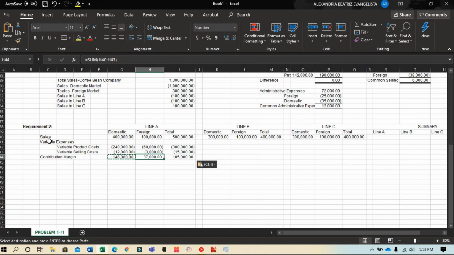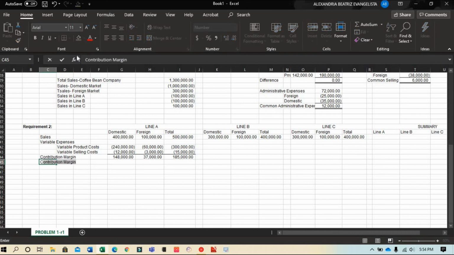Under foreign market, it is 37,000, and the total contribution margin for product A or line A is $185,000. And now let's deduct the fixed cost. Let's start first with the traceable fixed cost.